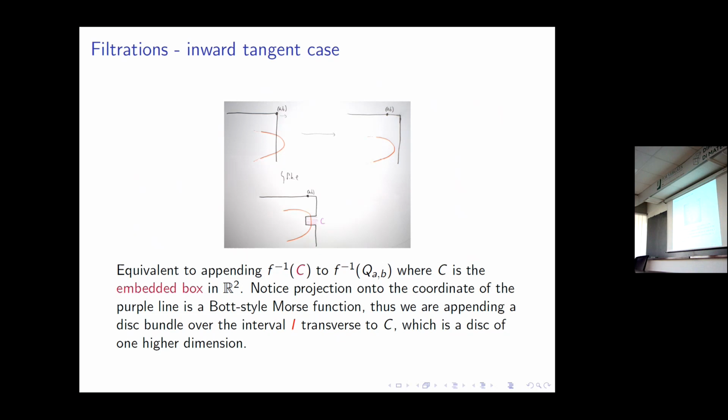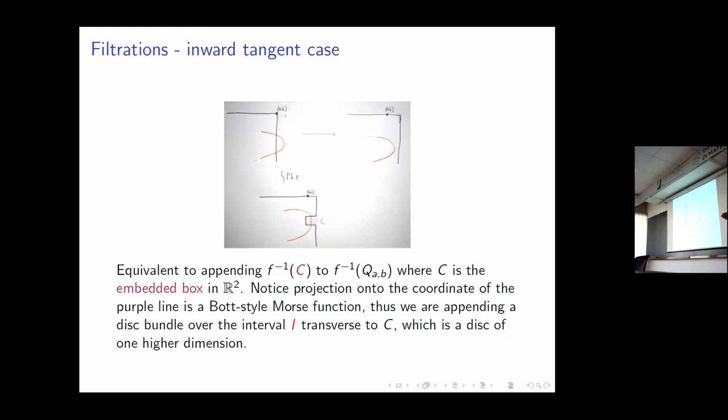And what's going on is this function f, when you restrict it to that preimage of that purple square, it is a Bott-style Morse function from the point of view of projecting to the purple line direction. So what we're doing is we're attaching a disk bundle over an interval.